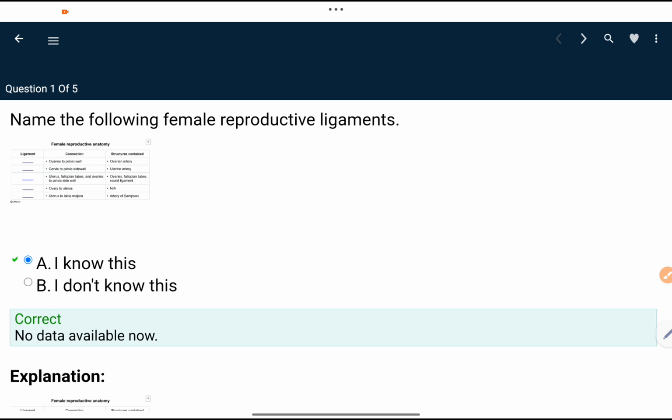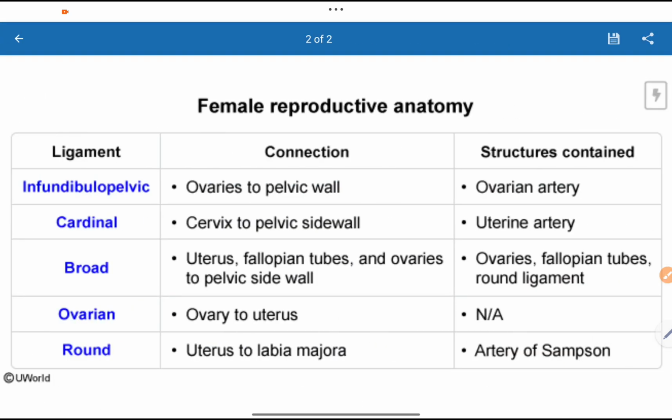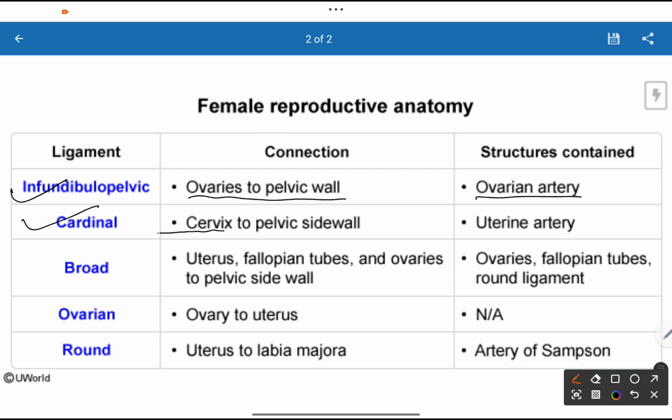Since I know this, I'll select this. Now see, an explanation has been given here: the infundibulopelvic ligament attaches the ovaries to the pelvic wall, and it contains the ovarian artery. The cardinal ligament attaches the cervix to the pelvic side wall, and it contains the uterine artery.